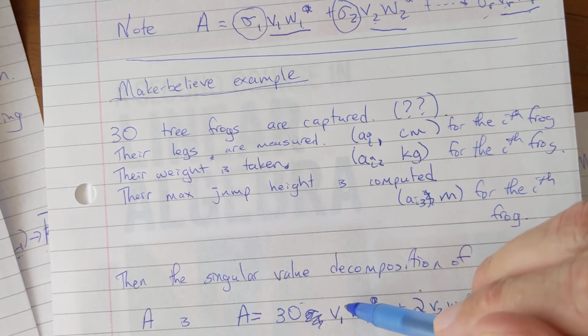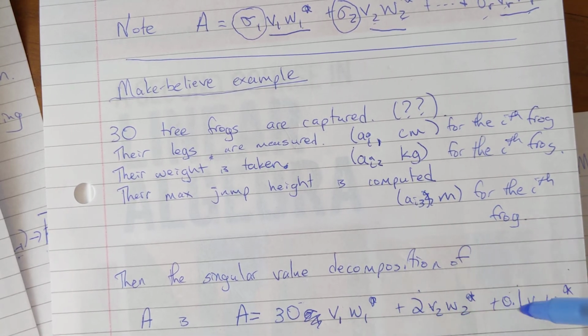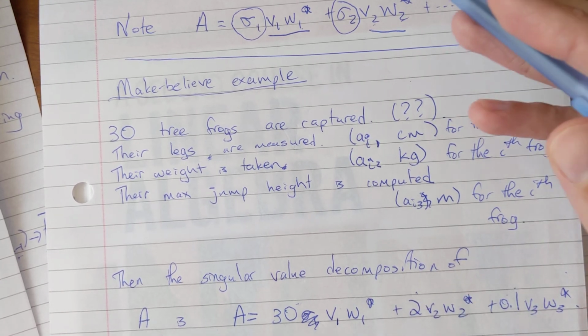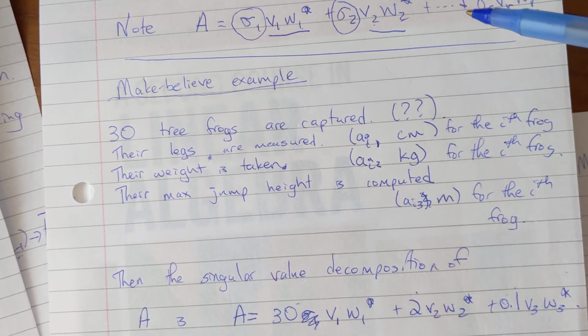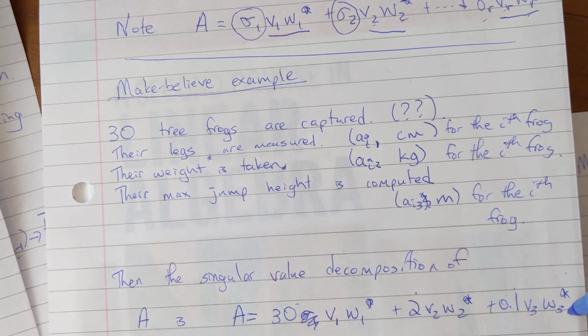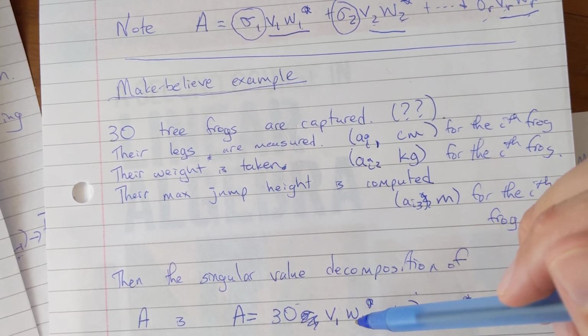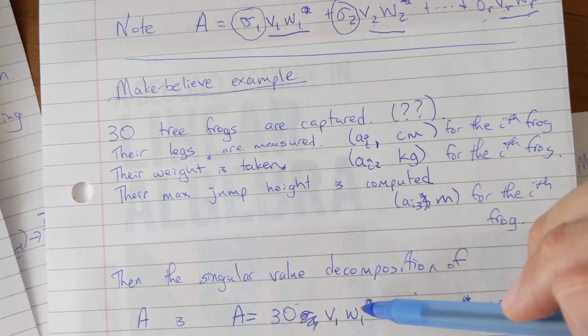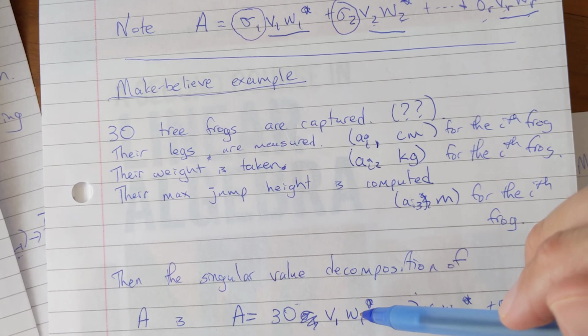Okay, so v1, v2, v3 are 3 of the columns of my unitary matrix V. W1, W2, W3, well, W is a 3 by 3 matrix, so W1 is a 3 by 1 vector.